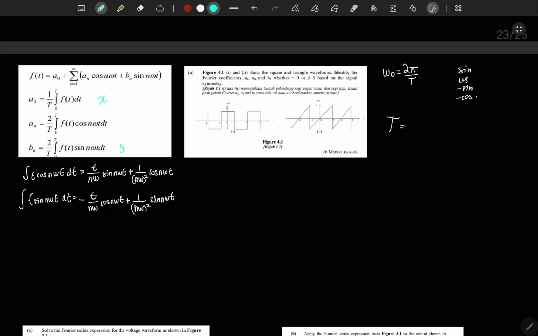Now we have an. So what is an? Now we have a graph. Okay, maybe this graph is as such.